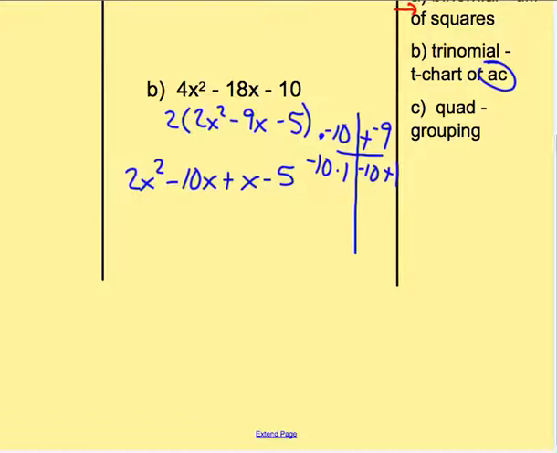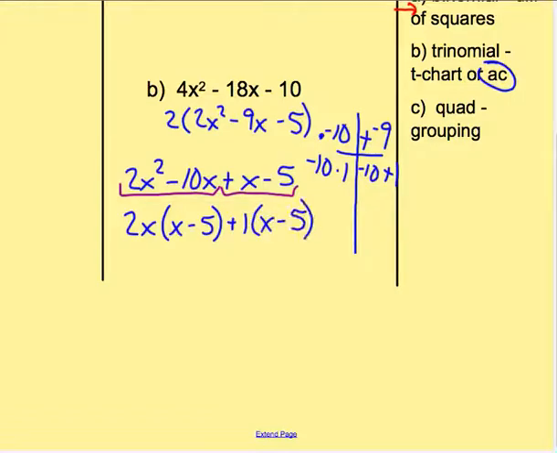And then we factor by grouping. My first 2 terms have a GCF of 2x. When I divide that out, I get x minus 5. And my second 2 terms do not have a common factor. Well, if they don't have a common factor, it's 1, because 1 goes into everything.